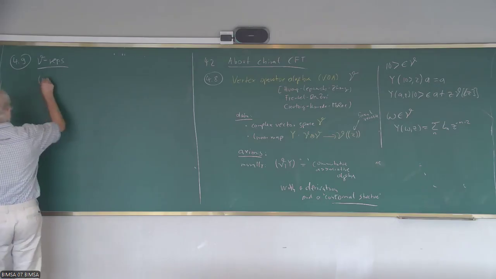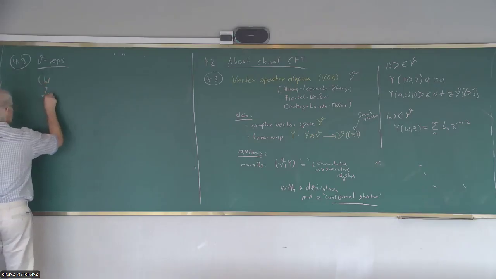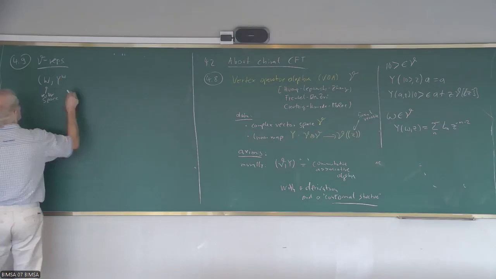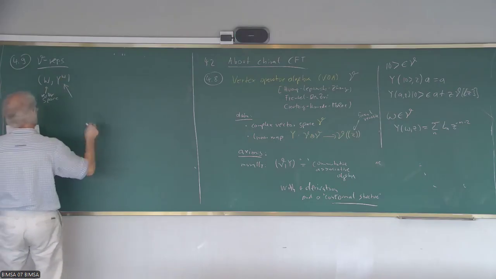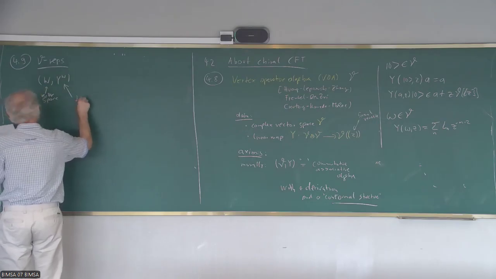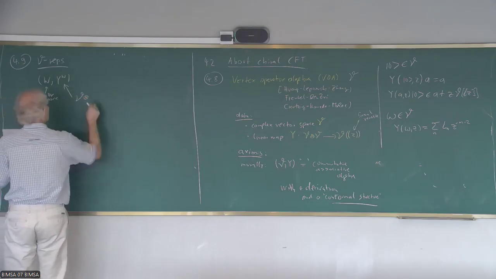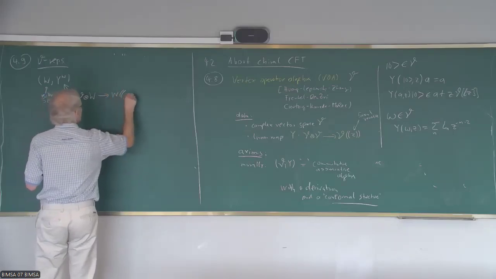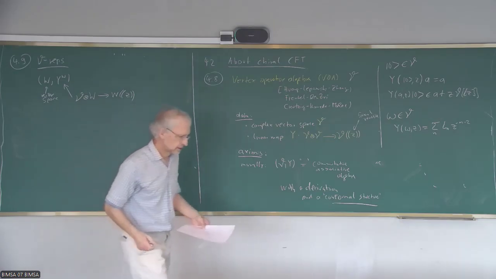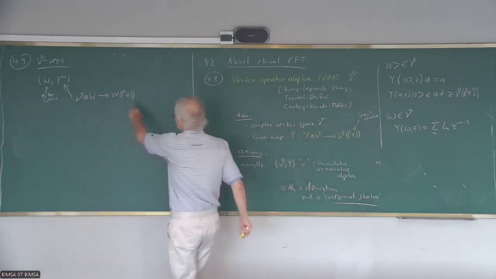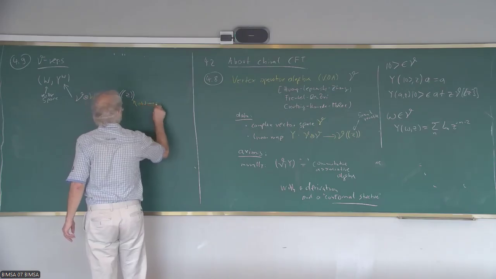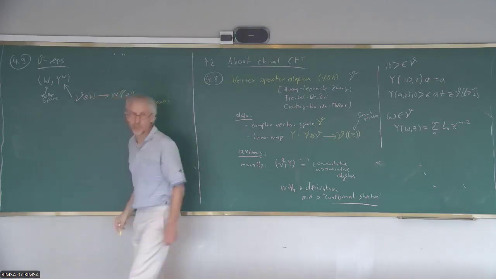So a representation consists of a complex vector space W and a field map Y_W, which is a linear map from V tensor over C with W to W of z, in round brackets, and this means arbitrary complex powers in principle.